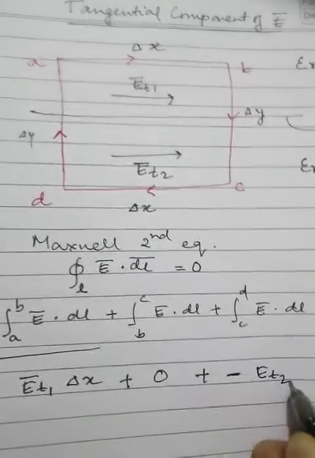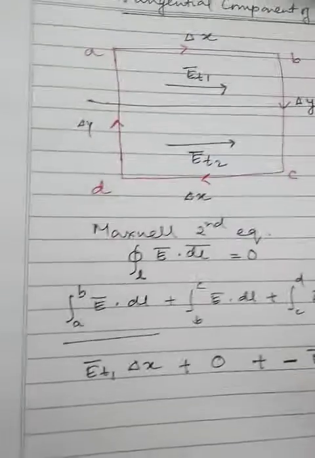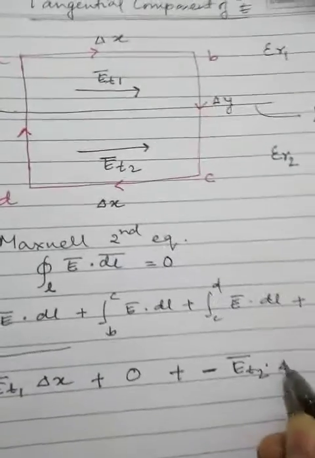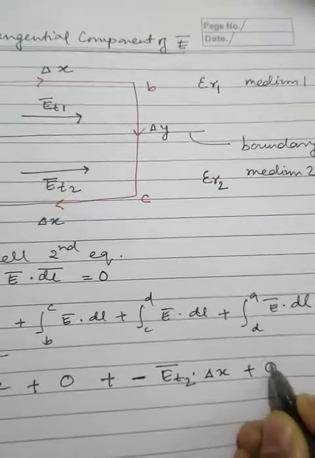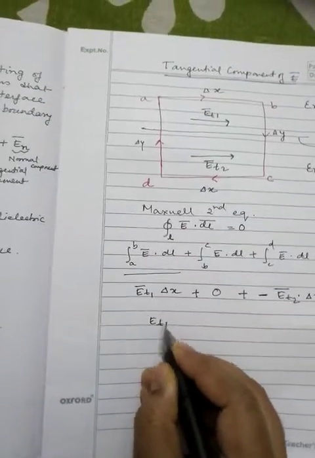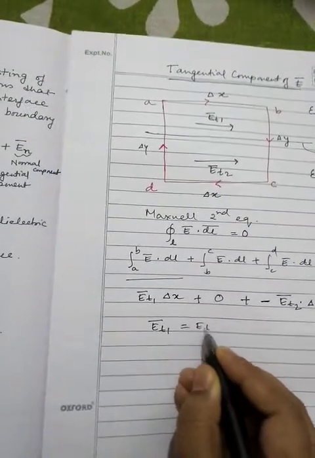Here I will write ET2, and the distance is del x. Again this side there is no electric field, so this is equal to 0. So what we have got is ET1 is equal to ET2.